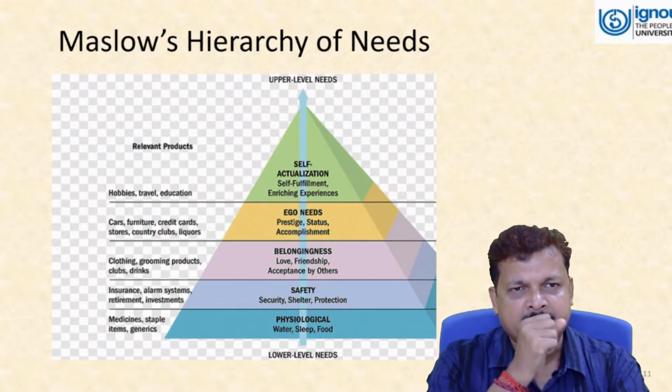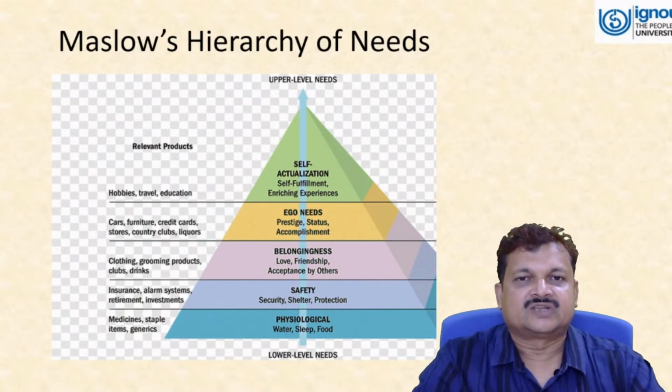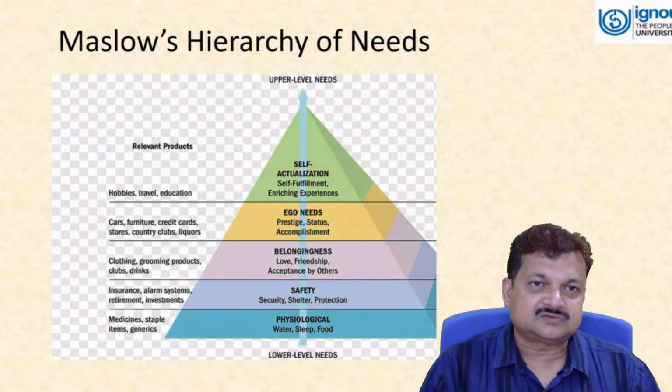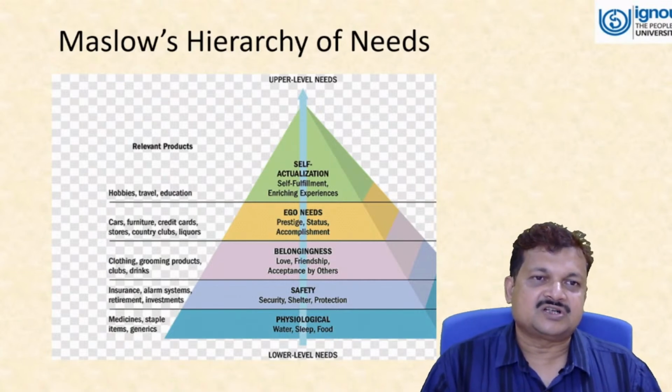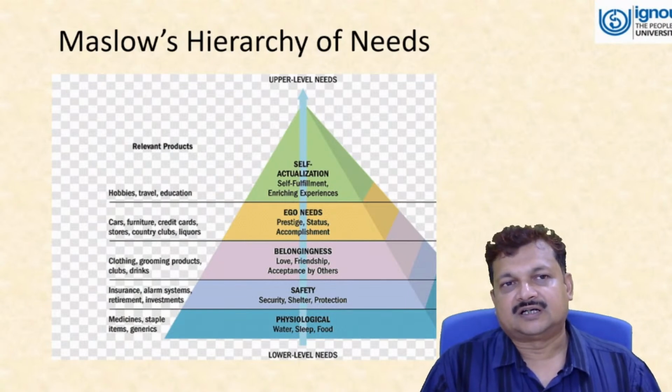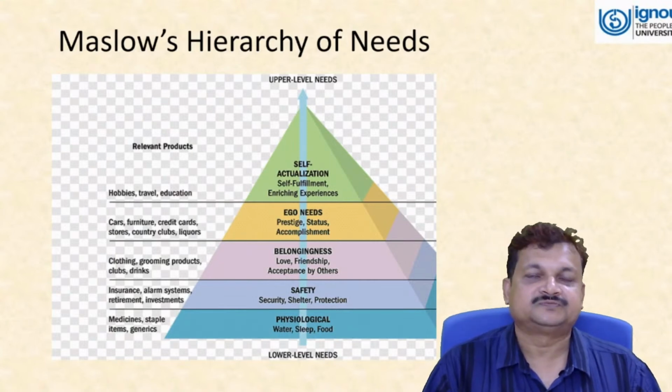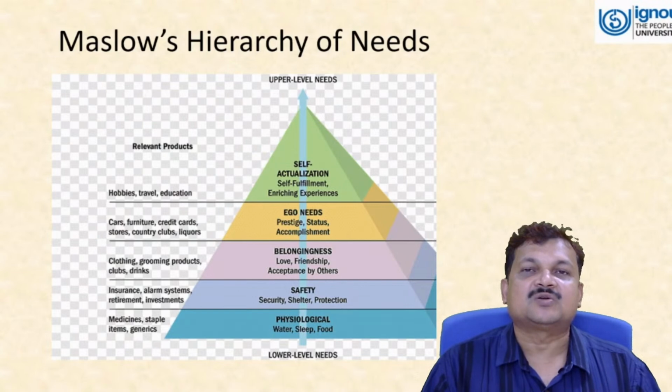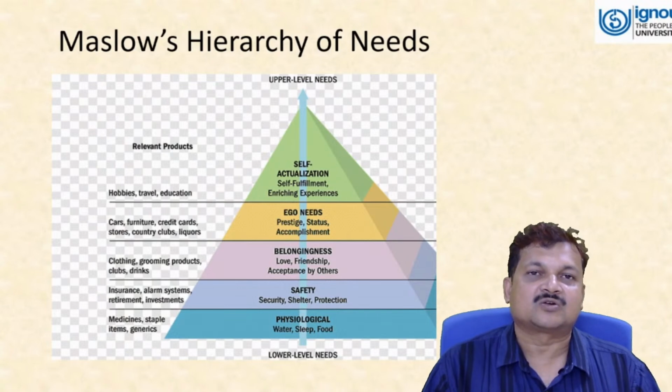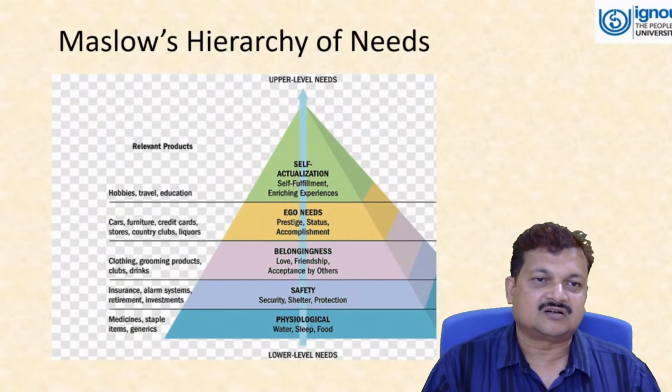Next comes self-actualization. Self-actualization cases: hobbies, travel, education. We find that although we are satisfied with our status and everything, we have a hope to achieve a particular level. Either by education, or by some work you do, a corporate task to be assigned, or hobbies.